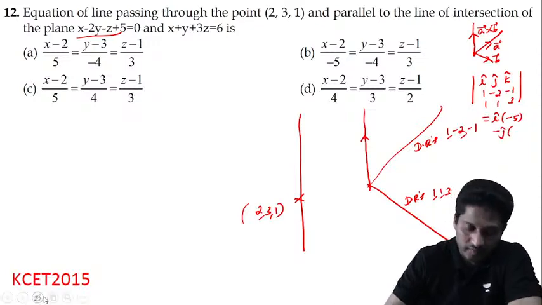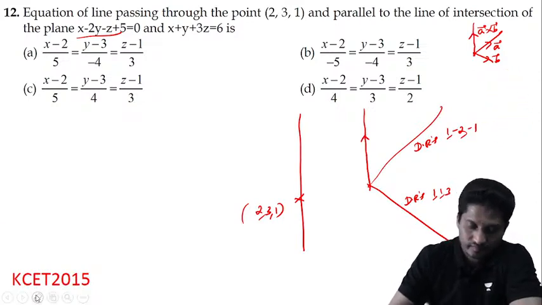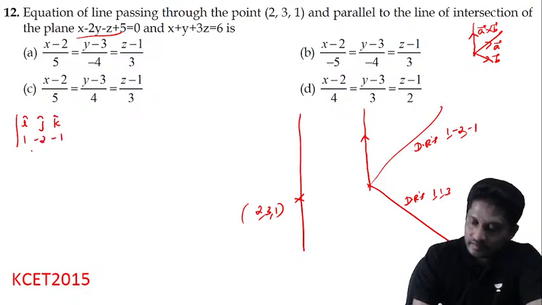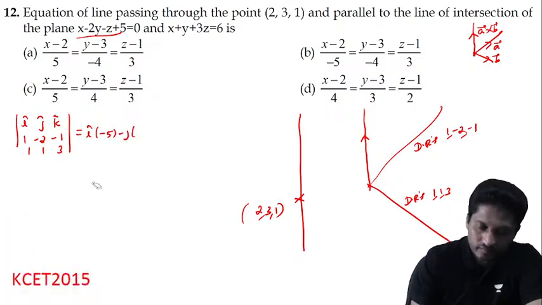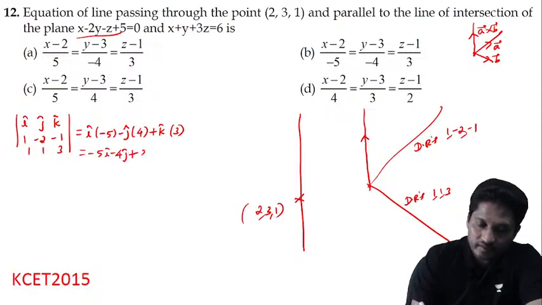Delete first row second column, this is +4, plus k into first row last column, you get +3. So -5i minus 4j plus 3k.